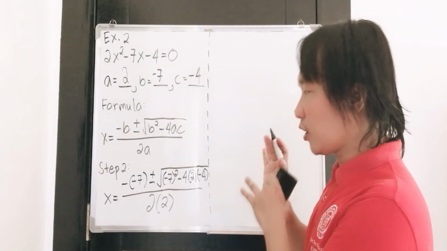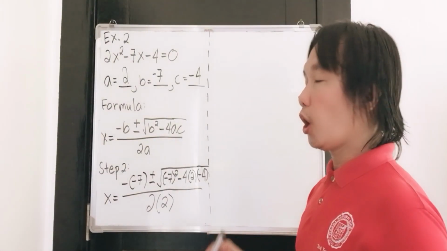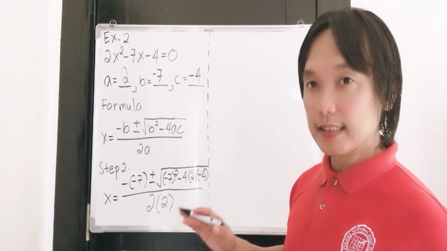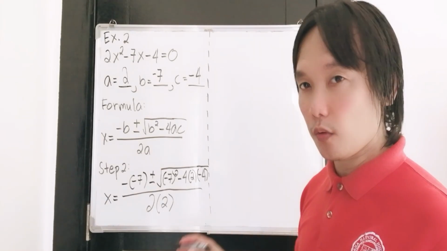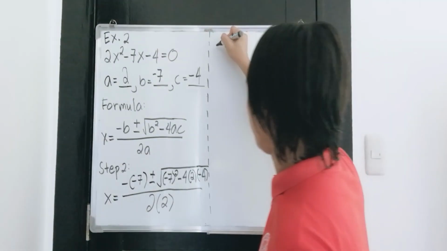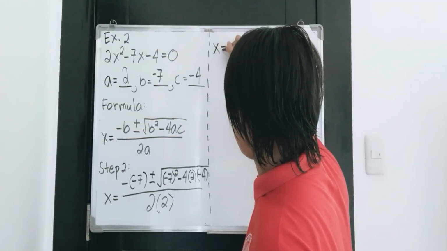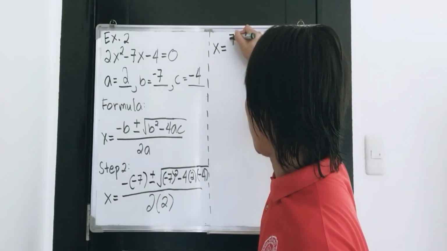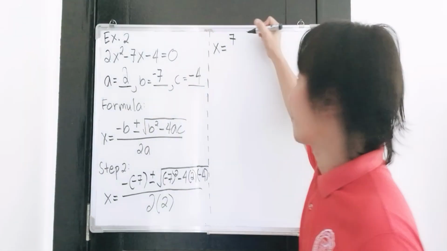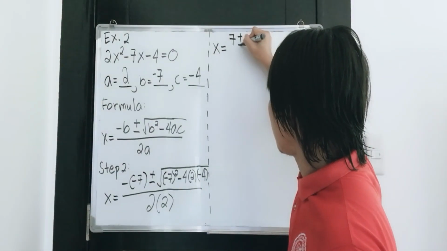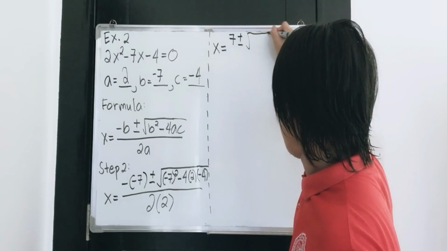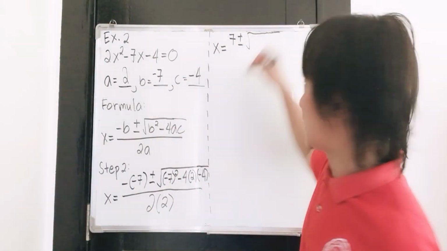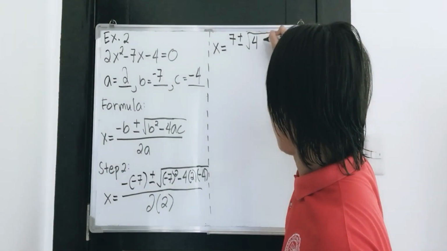So, since you already substituted all the letters with their corresponding numbers, let us simplify our equation. So we have x is equal to negative times negative, that will become a positive 7, and copy the plus and the minus and the square root. So negative 7 times negative 7, that will become positive 49.